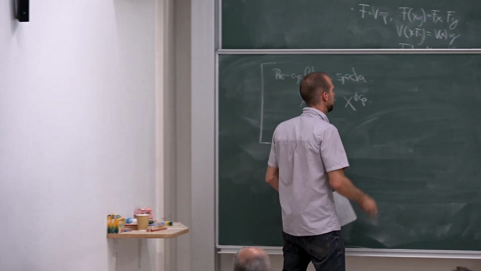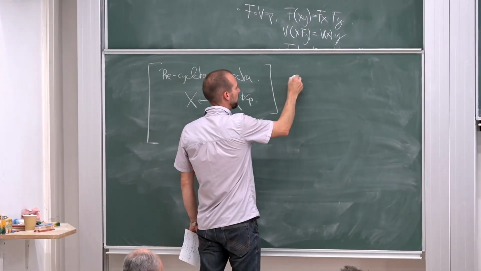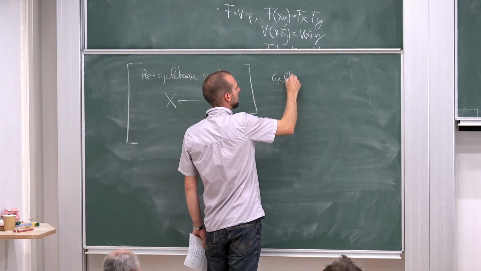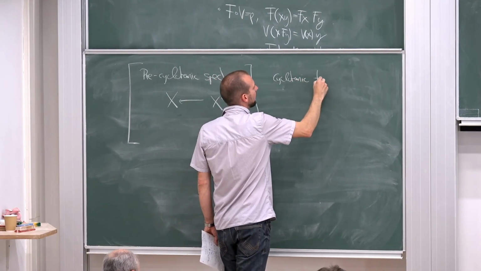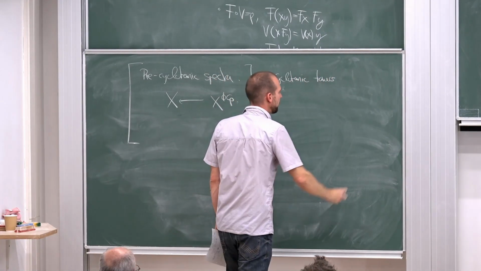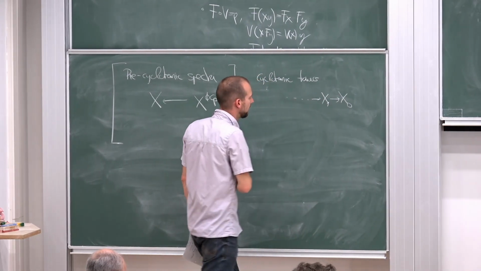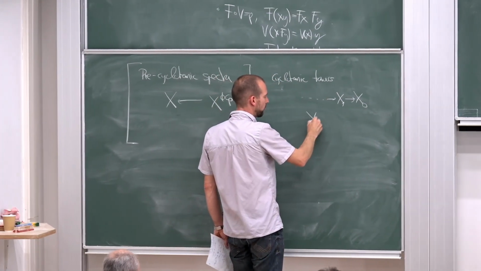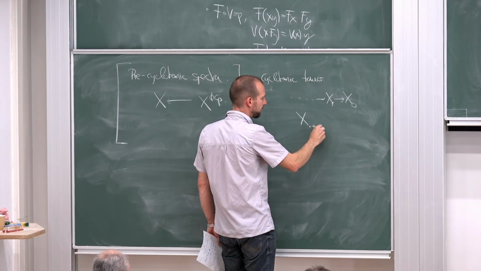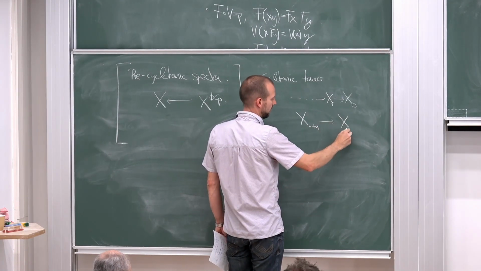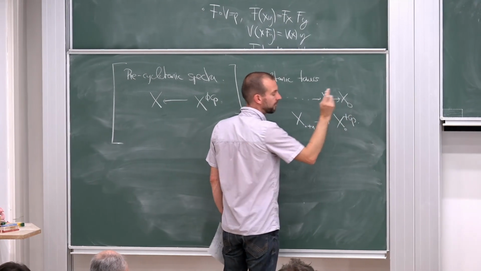And the non-genuine version of that would be what I call cyclotomic towers. The cyclotomic tower would just be a tower of spectra with S1 actions, like this, and now you have a cyclotomic Frobenius going from X bullet plus 1 to X bullet phi Cp.